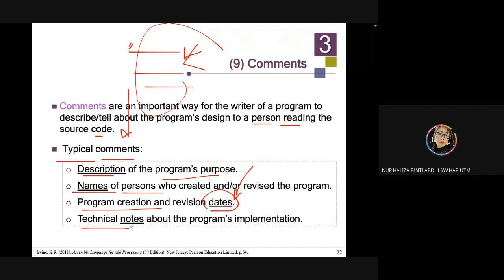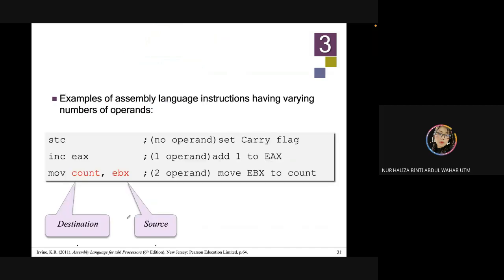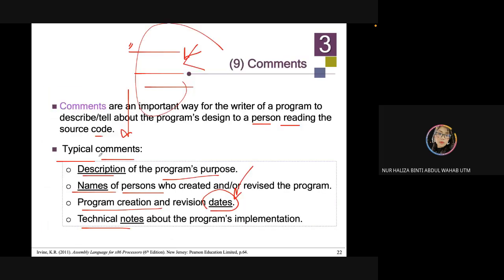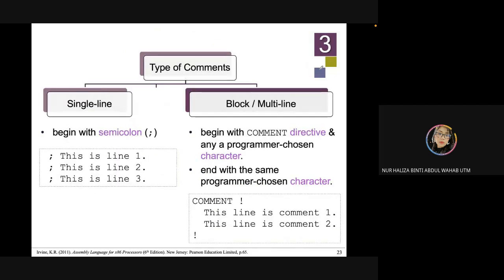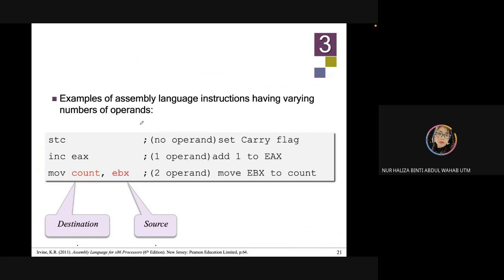And lastly, the technical notes. Normally you put a technical note on what you're going to achieve in your code. That is in your comment. And there are several ways to write your comment. You can write it in terms of a single line, line by line, the things that you see here.